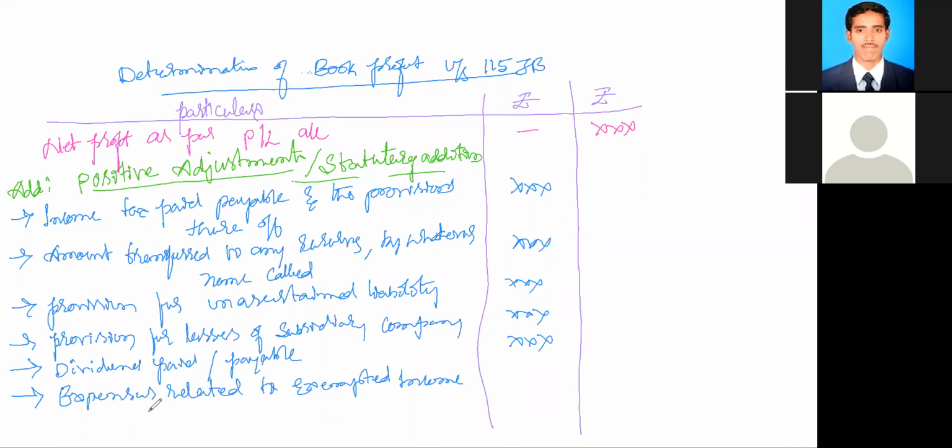Exempted incomes are those under sections 10, 11, 12, such as agriculture income, dividend and mutual fund income. The expenses relating to those exempted incomes we need to re-add here.